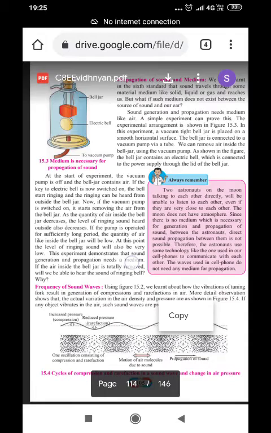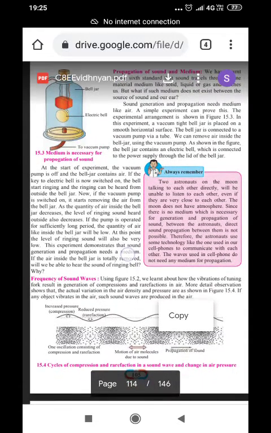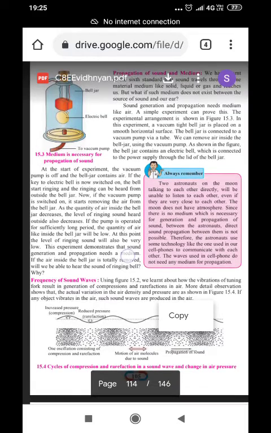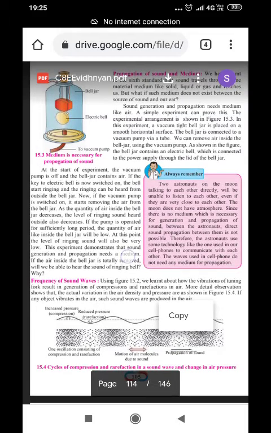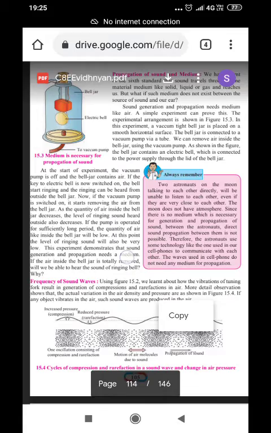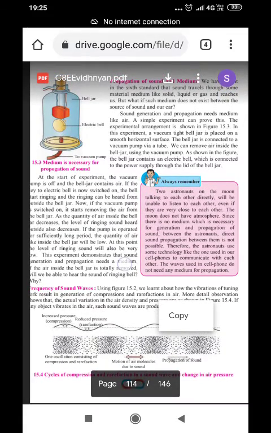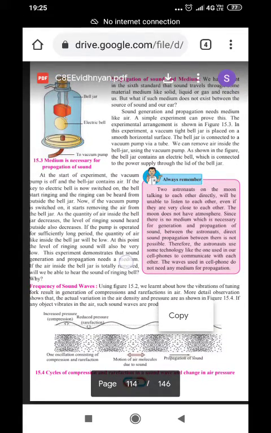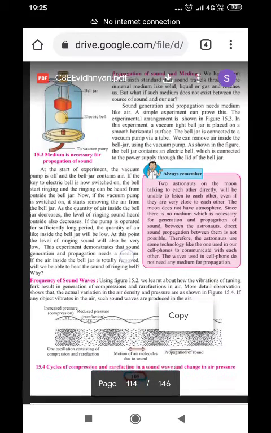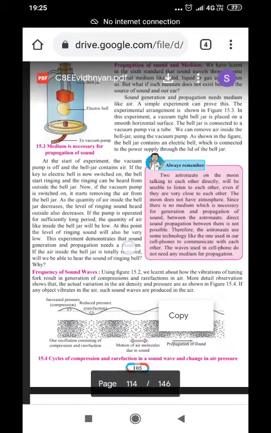That can be explained with the help of one small experiment as shown in figure 15.3, which is written here: medium is necessary for propagation of sound. We have learned in the sixth standard that sound travels through some material medium like solid, liquid or gas and reaches us. But what if such a medium does not exist between the source of sound and our ear?